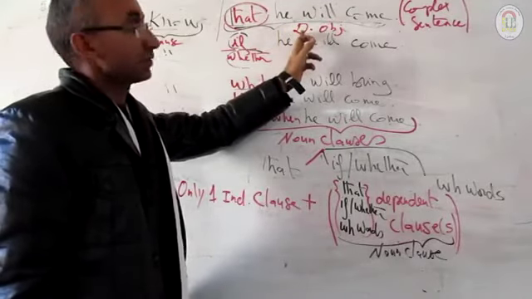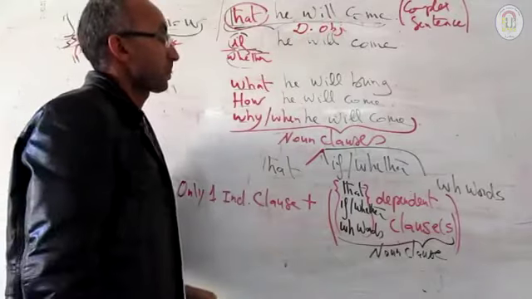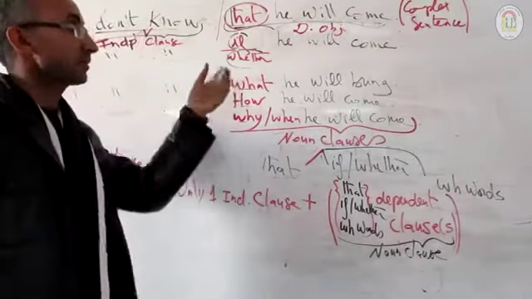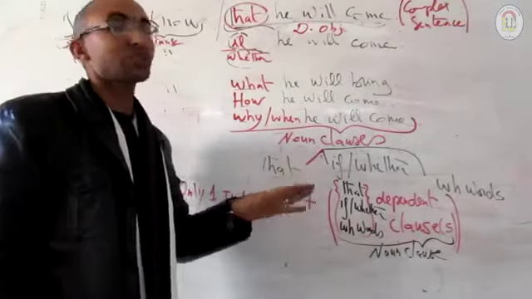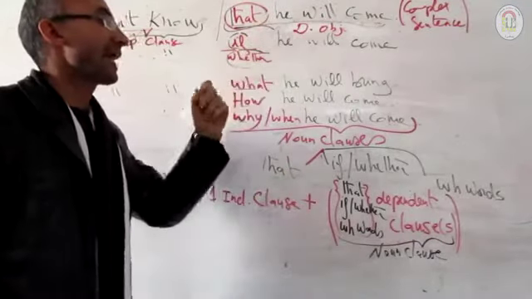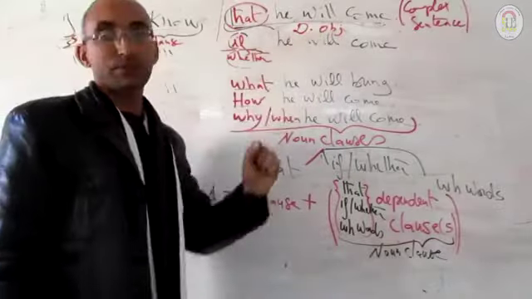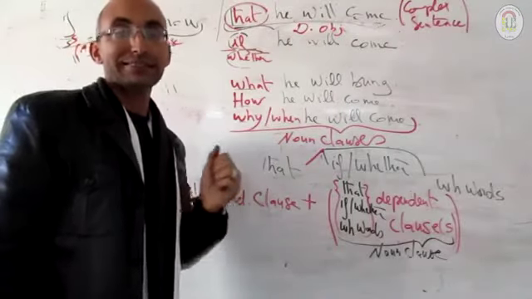Alright. Normally. Good. Now also, I said the noun clause is called that clause, because it usually starts with that. It can act as a direct object or even as a subject.